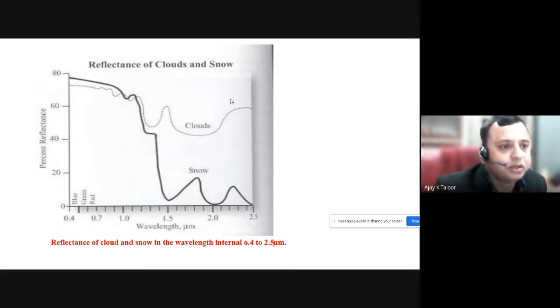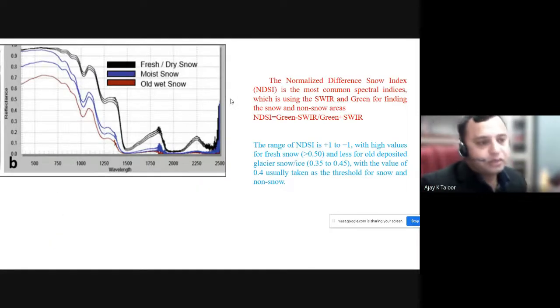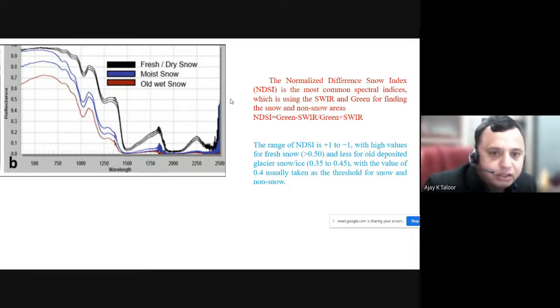Even in the clouds it is also very high, whereas in the thermal infrared portions, the cloud cover has a very high reflectance, whereas in the case of snow, the reflectance curve dips here from 1.5 to 2.5 micrometers. That's why for most of the study, or you can say the better study, we derive from the optical data, the data from 0.4 to 1.1 micrometers easily.